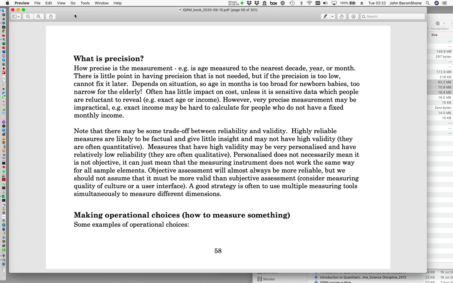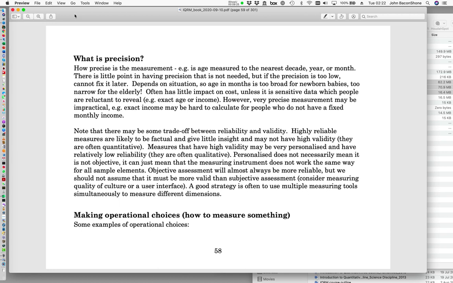So objective assessment will almost always be more reliable, but it may not be more valid than a relatively subjective assessment. For example, consider we're trying to measure the quality of a culture in a social science example, or the quality of a user interface, right? If in computer science we say how good is the user interface, it may be very hard to end up with a valid assessment which is very objective.